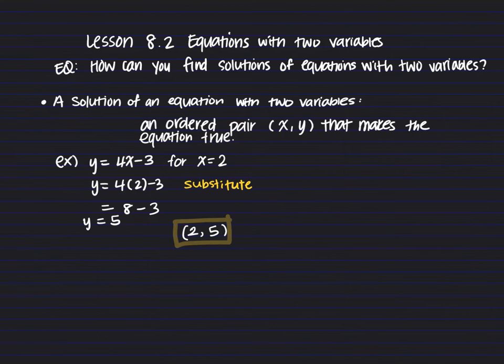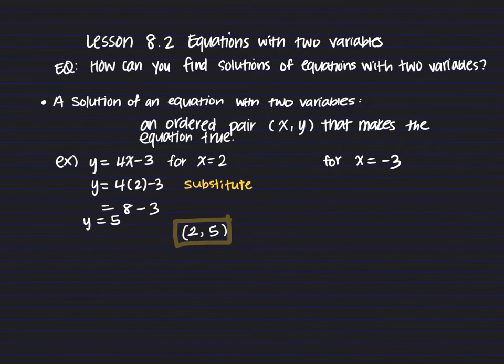What if you have a negative number for your x in the same equation? Let's see what our solution would be when x is a negative number. Let's say x is negative 3, and we're going to find the new solution.